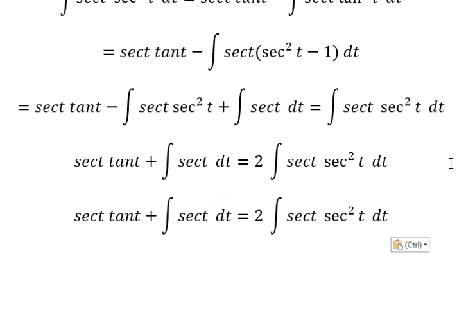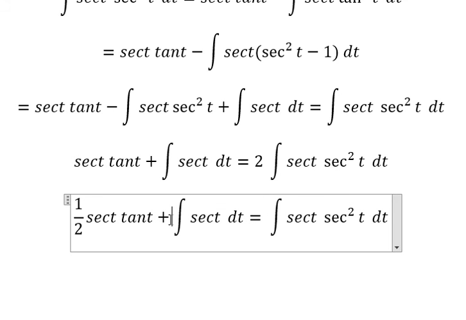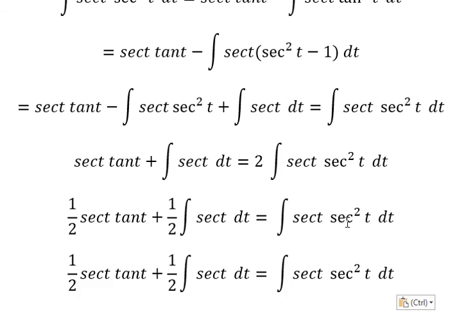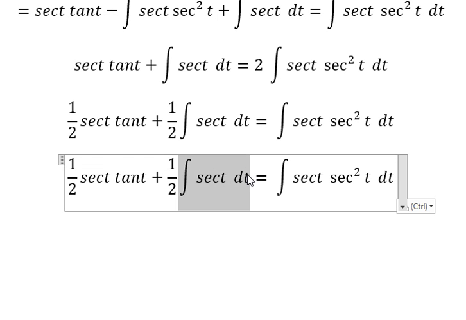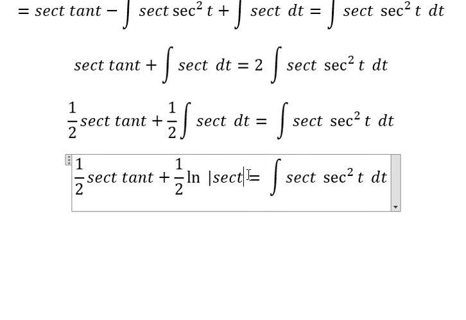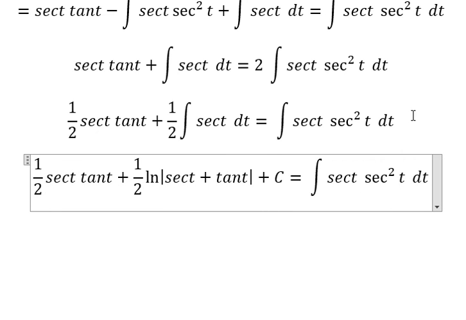Later we divide both sides by number 2. The integration of this one, we get ln of the absolute value of secant of t plus tan t, and we put c.